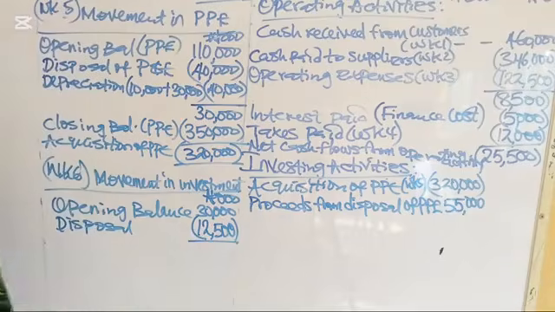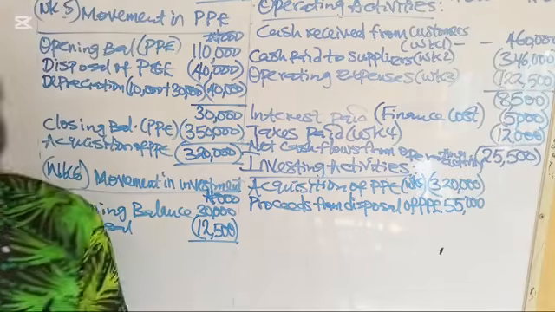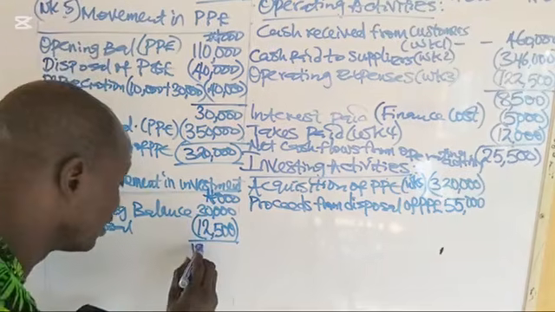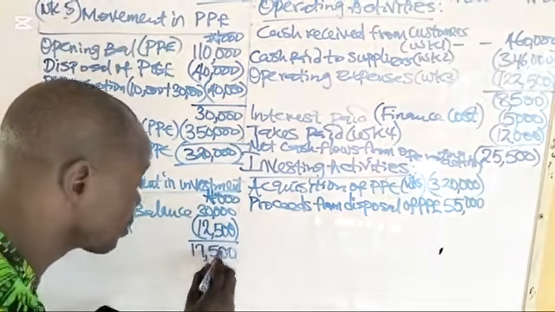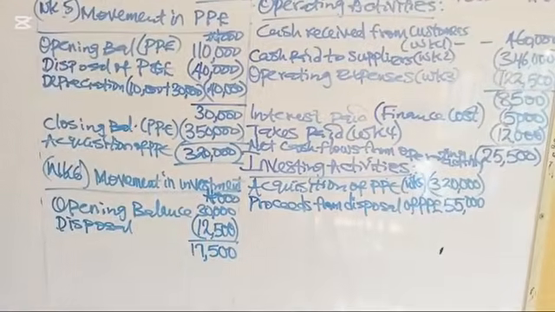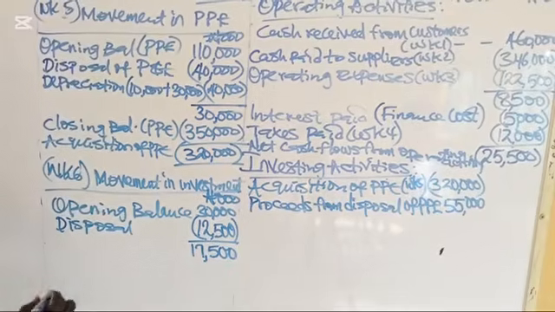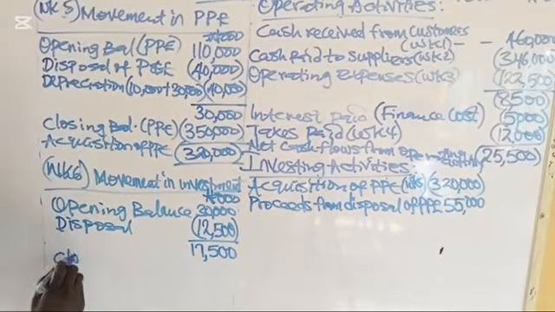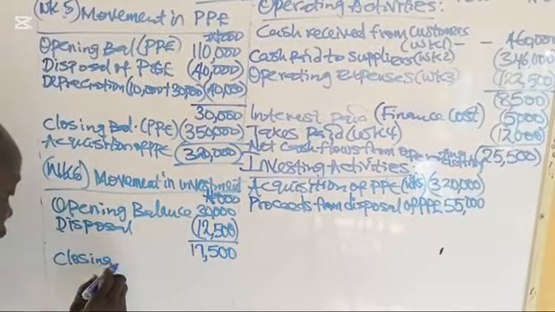So if you remove 12,500 from 10,000, what would you have? 17,500. Right? Then the next item to consider is what? The disposal is 20,000.